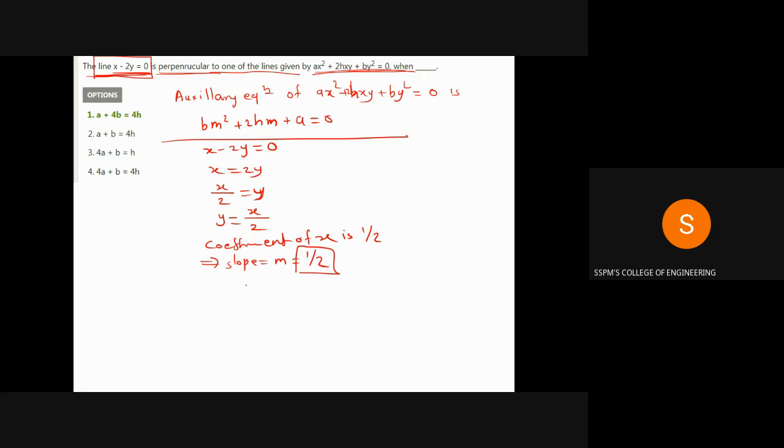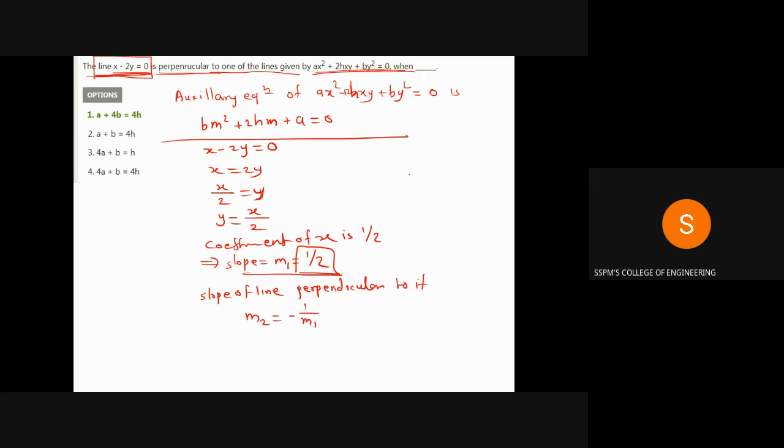If the slope of this line is half, then the slope of the line perpendicular to it is given by, suppose this is m1, then m2 will be given by minus 1 upon m1.